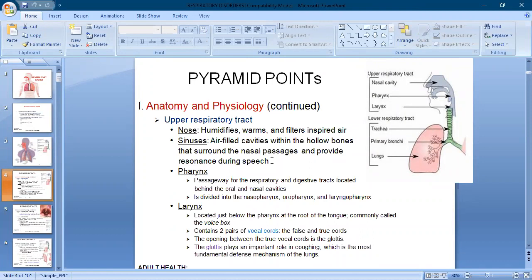Basic anatomy, I said. So what is the structure of the lungs we discussed a few minutes ago? This is anatomy. How the lungs work, how the trachea works, this is physiology, function. When any pathogen infects, like pharyngitis or laryngitis, this is pathology.